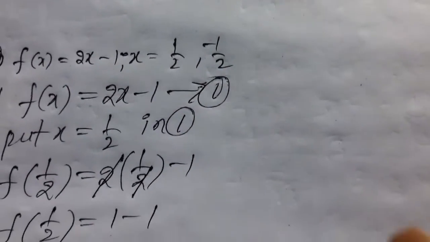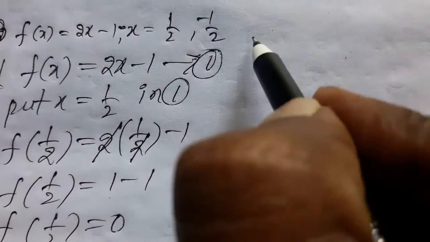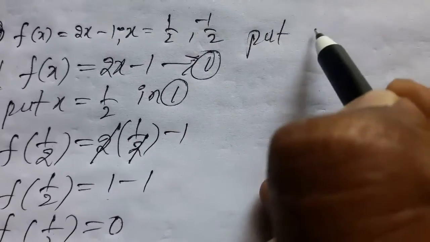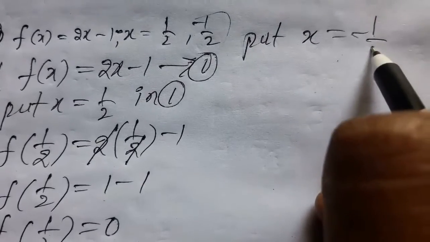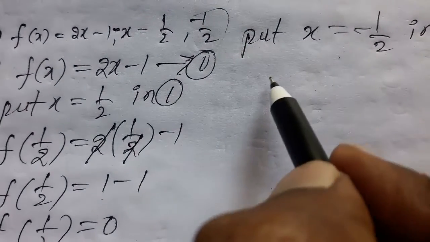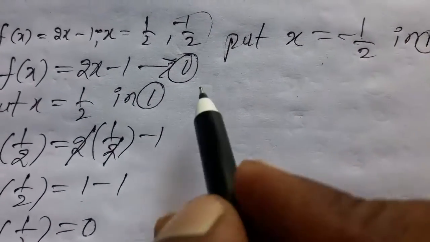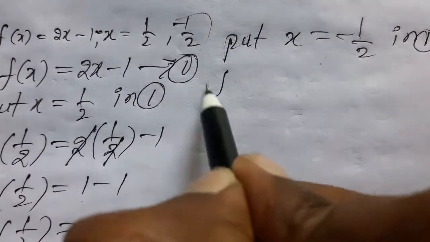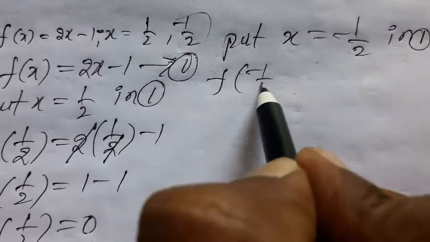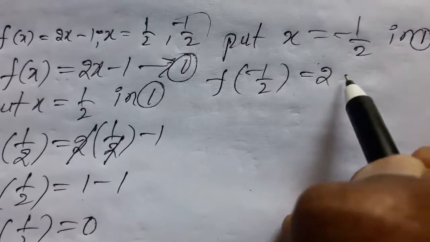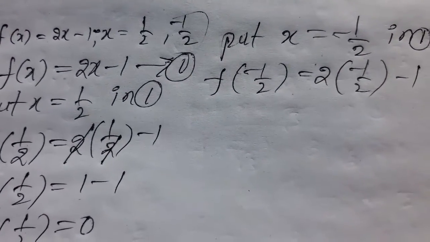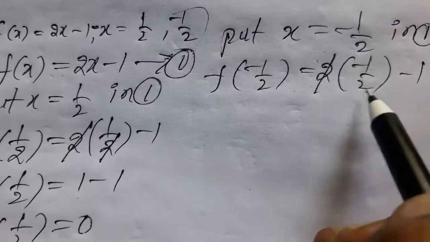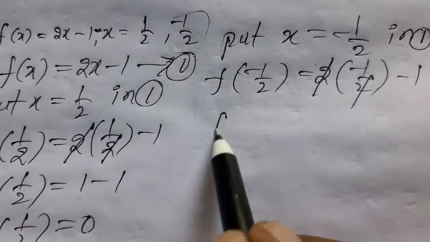Now in the second case, put x equals minus 1 by 2 in equation 1. Equation 1 means this one. F of minus 1 by 2 equals 2 times minus 1 by 2 minus 1. Numerator and denominator 2 cancel.